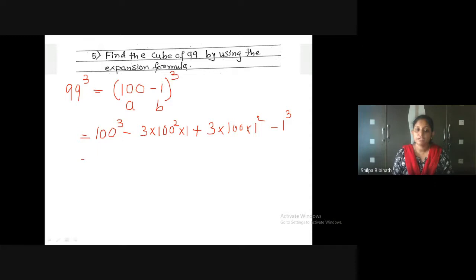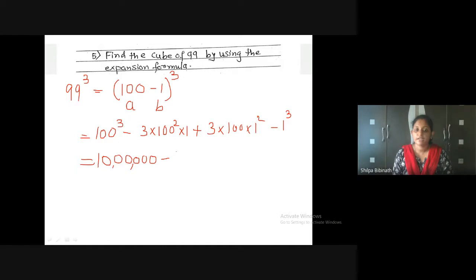When we solve further, cube means how many zeros you are going to put. 100 cube means 1, 2, 3, 4, 5, 6. Okay, just put a comma. So 10 lakh minus, what is 100 square here?